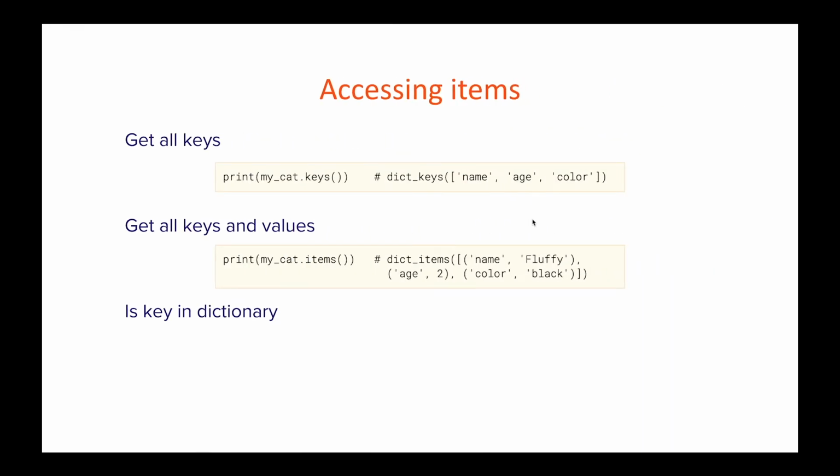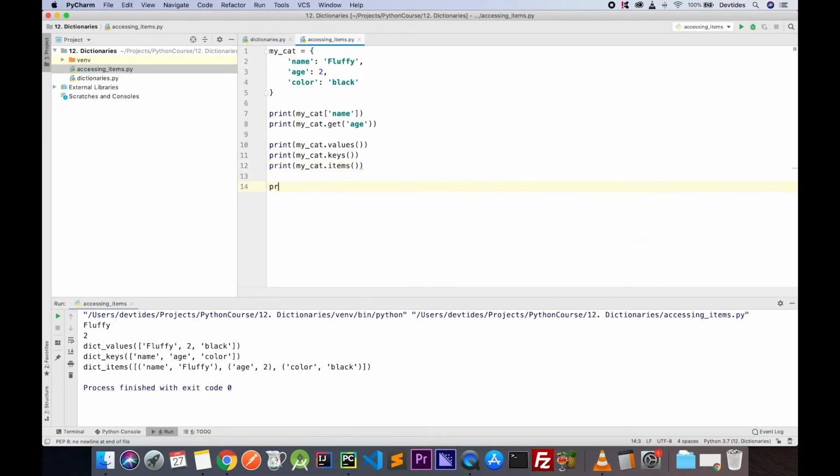All right, so how do we check whether we do have a key in a dictionary? Well, we have the keyword in. We can check: is name in myCat? True. Is something else, like fluffiness, in myCat? That is going to be false. So let's try that.